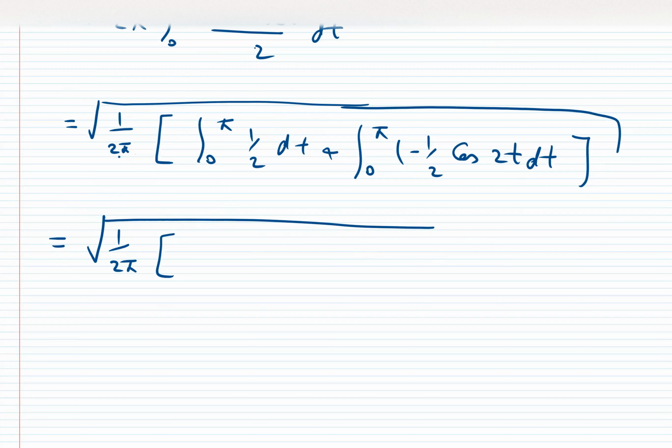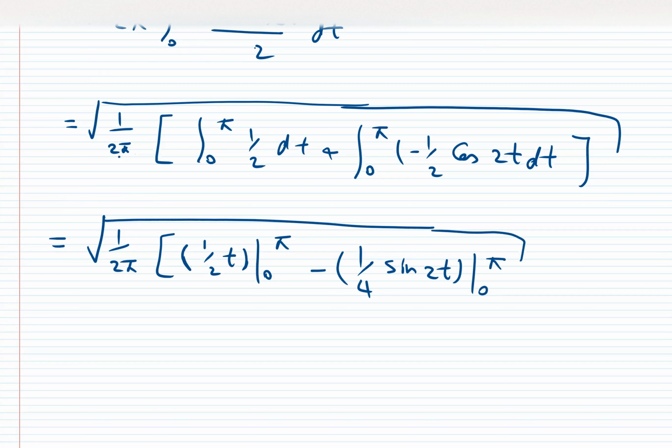The integral of 1/2 is 1/2 of t from 0 to pi, minus 1/4 of sine of 2t from 0 to pi, because we know that the integral of cosine of at is 1 over a sine of at.